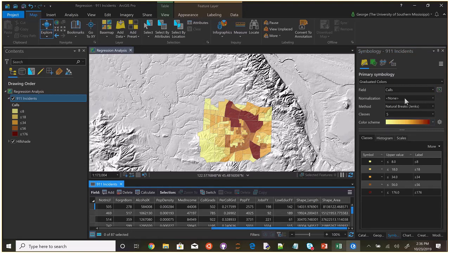So they have high income, high populations, but they end up having low 911 incidents. That makes sense, right? Having more people, if maybe their income is higher, won't have as many 911 calls.